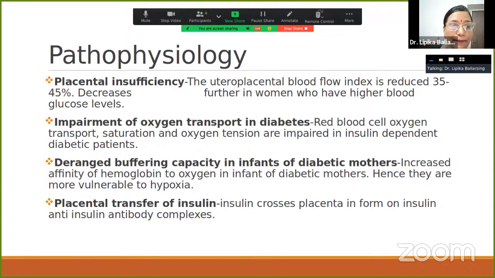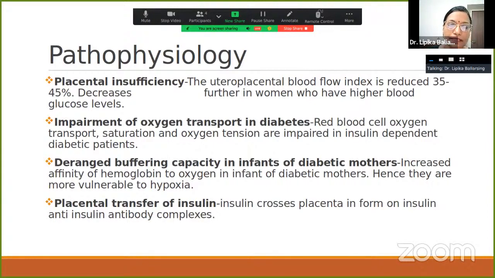It is seen that the impairment of oxygen transport in diabetes, that is the RBC oxygen transport, saturation and oxygen tension, they all are impaired in IDDM diabetic patients. So that adds more of a problem if the GA is given, or where there is a challenge in oxygen carrying capacity.